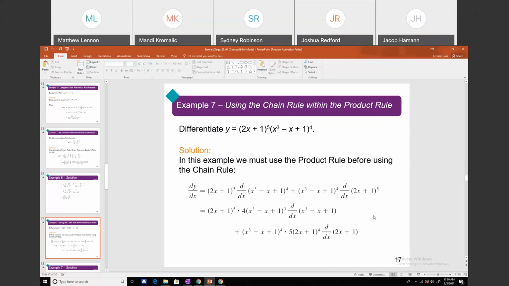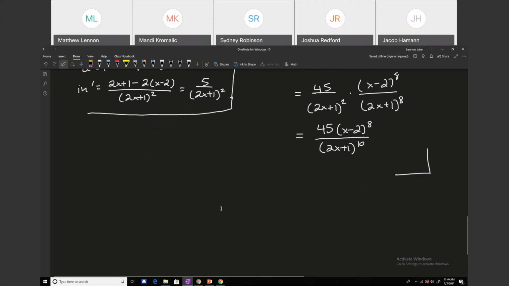Okay. So this one has a chain rule within the product rule. So let's have a look at this one. Yeah, so you have a u as a 2x plus 1 to the fifth, and then a v as x cubed minus x plus 1 to the fourth. So when you find u prime and v prime, each one of those will have a chain rule. So let's go ahead and do this one.